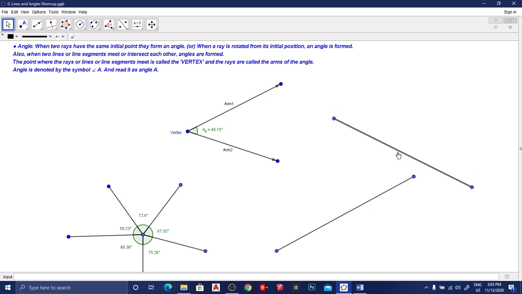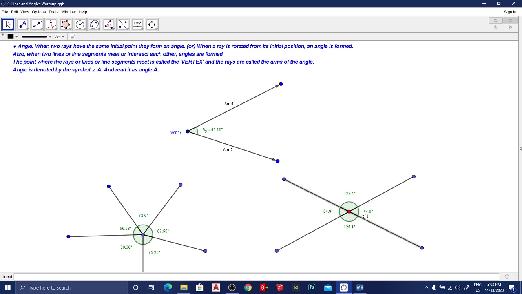There is no angle forming here. When these two lines intersect each other at a common point, they will form angles. Here 4 angles are forming. Observe here, 125.1. This is also 125.1. This is 54.9. This is also 54.9. These opposite angles are called vertically opposite angles.